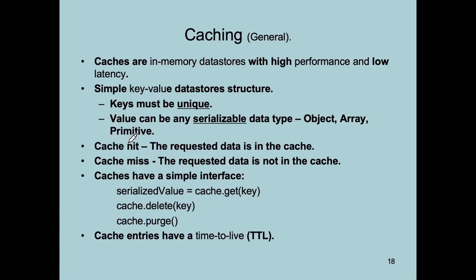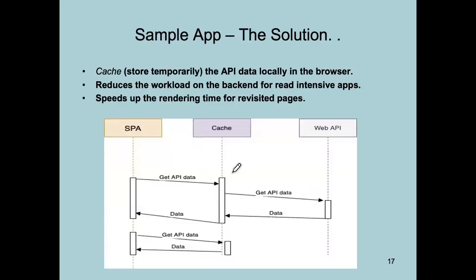There's this term cache hit and cache miss. If I go back to the previous slide, what happens here is a cache miss. A cache miss means that when the client asks the cache whether it has a particular piece of data, it asks in terms of whether it has a particular key within its key value store. If it does not, then a cache miss occurs.